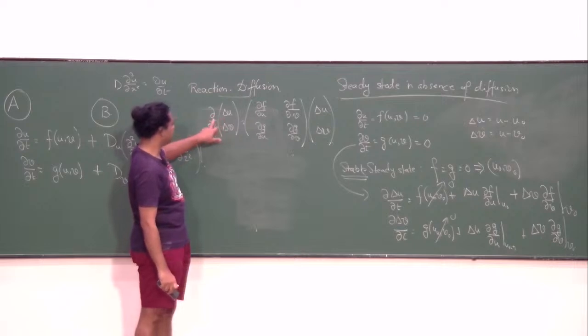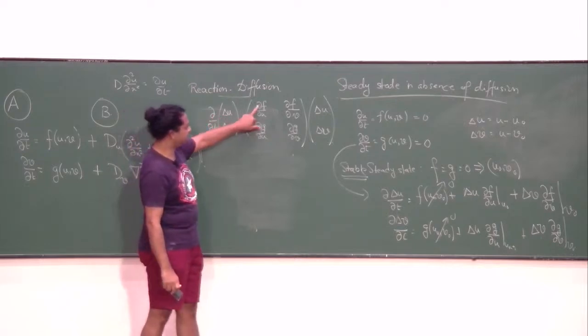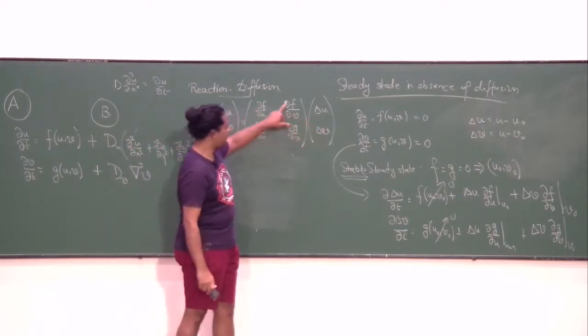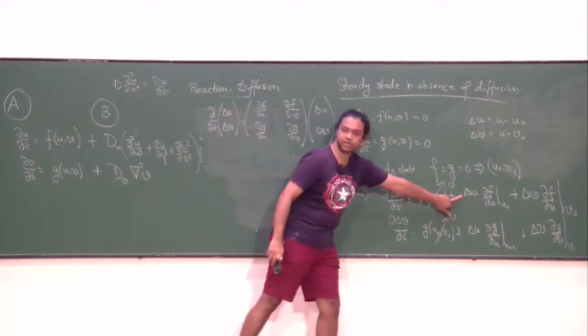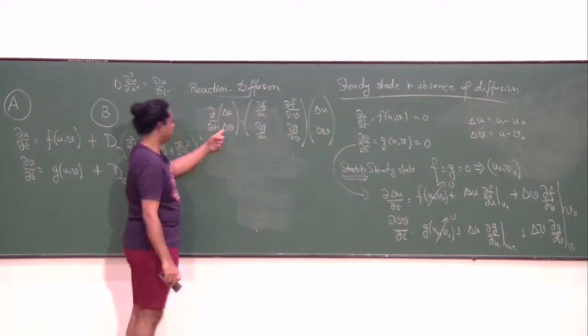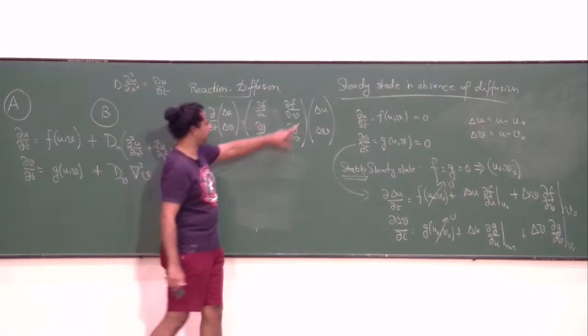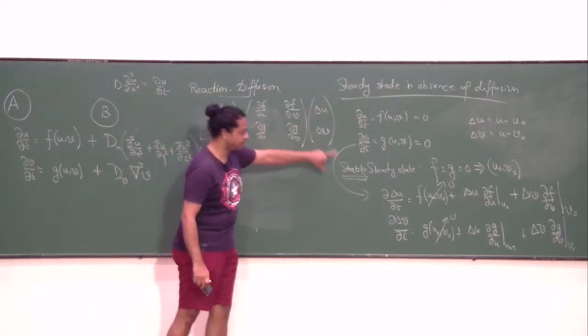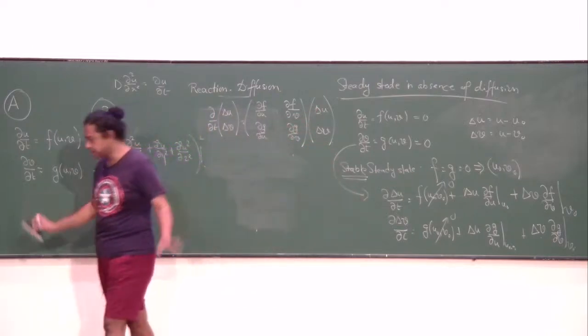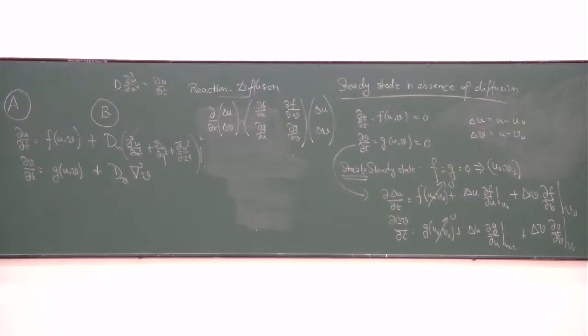If you're looking at del T of delta U, that is del F del U delta U plus del F del V delta V, which is this equation. If you're looking at the rate of change of the other one, that is del G del U delta U plus del G del V delta V, which is the second equation. So it is just a convenient shorthand way of writing this Taylor series expansion in matrix form.